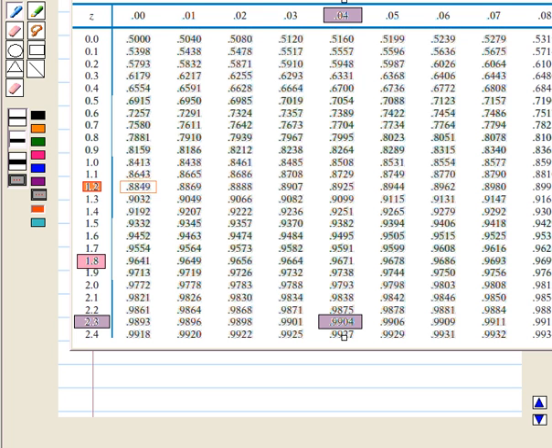Now, from the table we can see that the value for probability of z less than equal to 2.34 will be 0.9904 and the value for probability of z less than equal to 1.20 will be 0.8849.